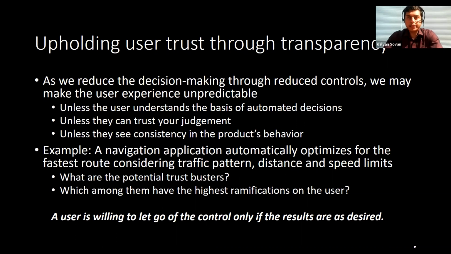Now, as you use this particular application, there can be certain aspects of this application that are more critical than others, right? So for example, let us say this application routes you through a particular road, and expects you to take a left turn where the left turn is actually blocked, right?